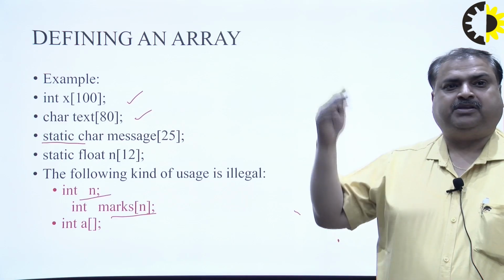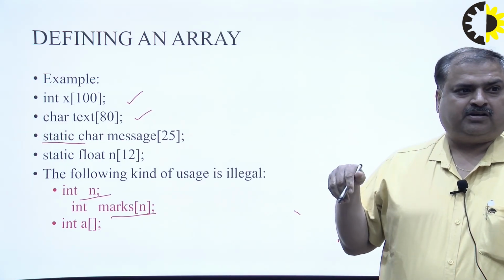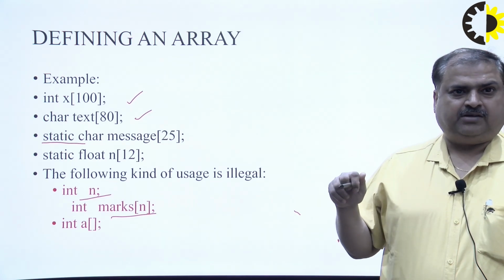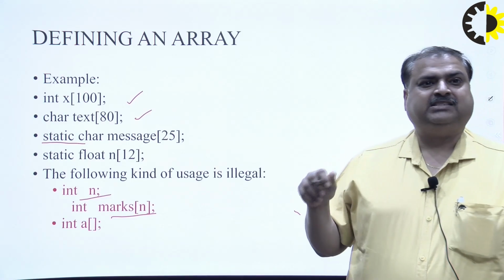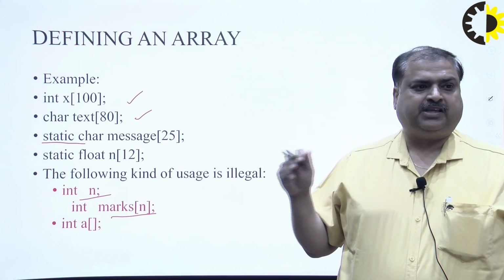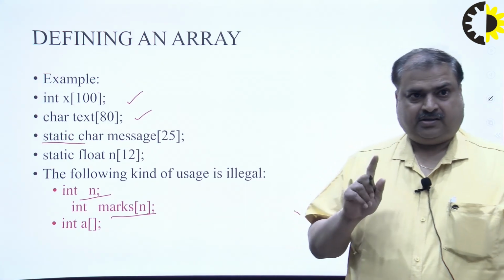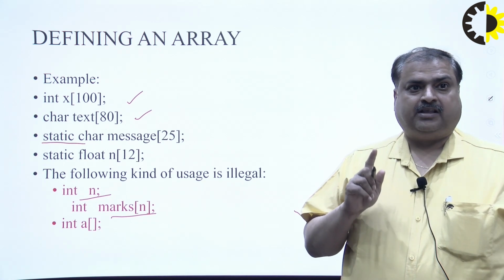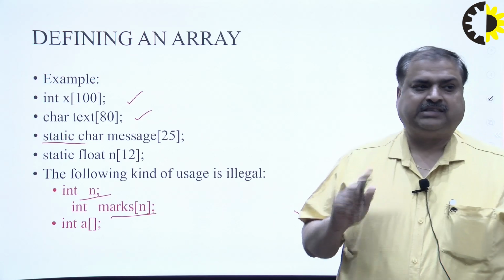In the previous versions of compiler, this kind of usage was illegal, but nowadays we can do it. If we have initialized the variable n, then we can declare marks[n]. But the caution is that n must be initialized before using it as a size.